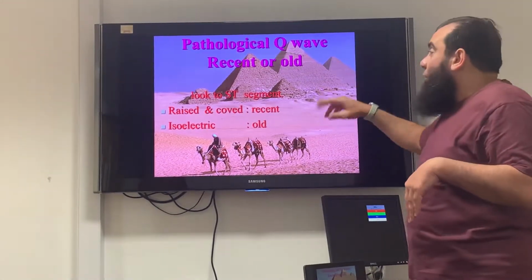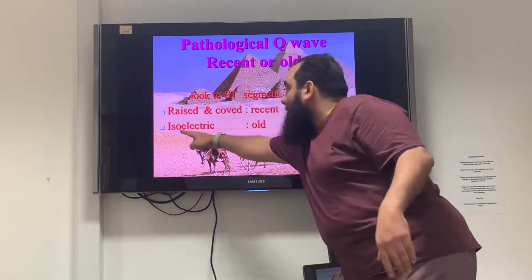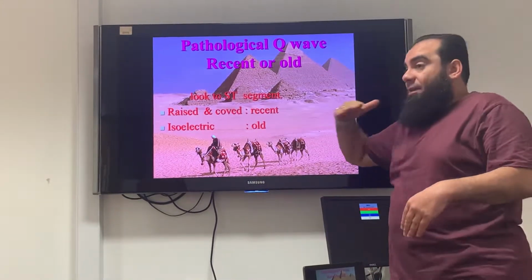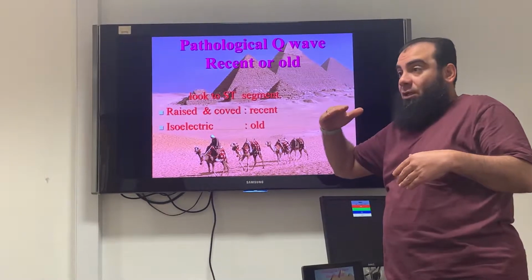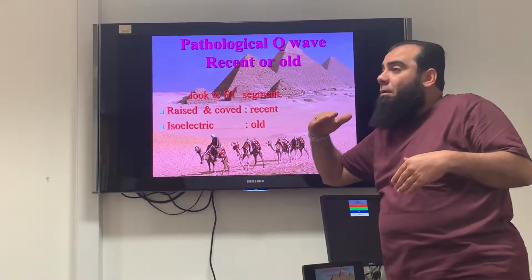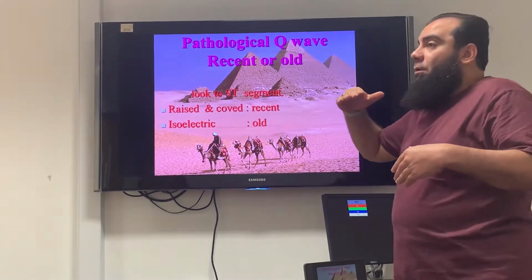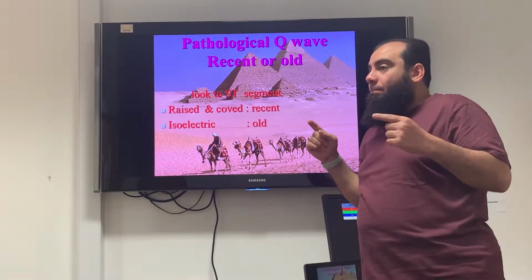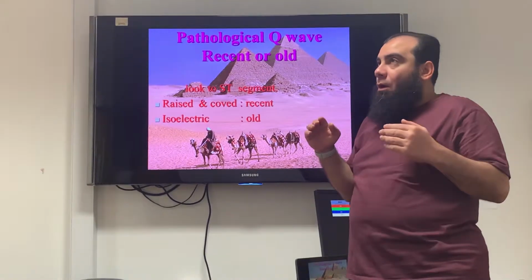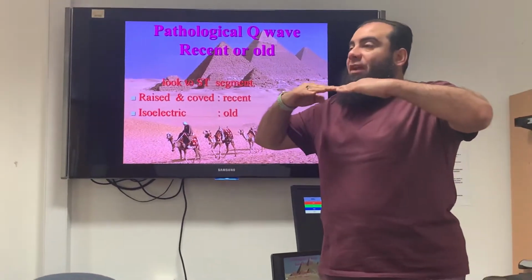I'll give you an example of ST segments. Isoelectrical means on the isoelectrical line of the ECG. What is the isoelectrical line of the ECG? It's an imaginary electrical baseline that your complexes come back to before they reach the next phase. So it is the line we compare things up and down against.